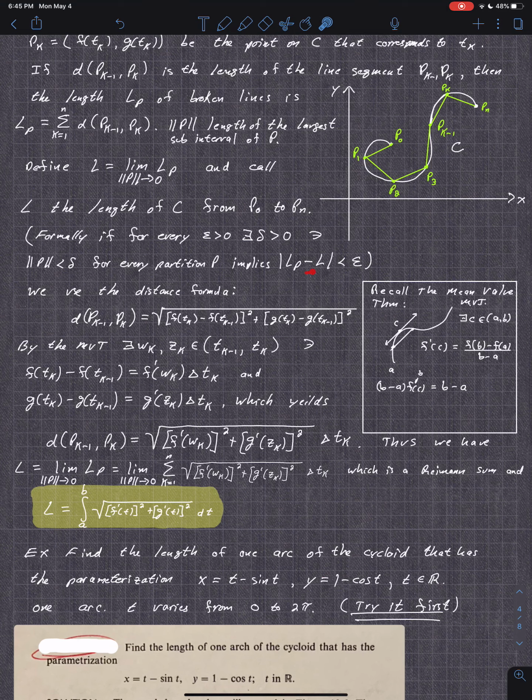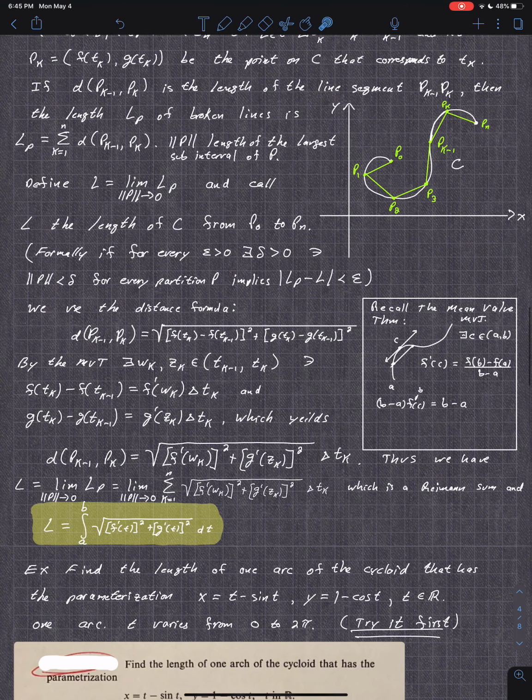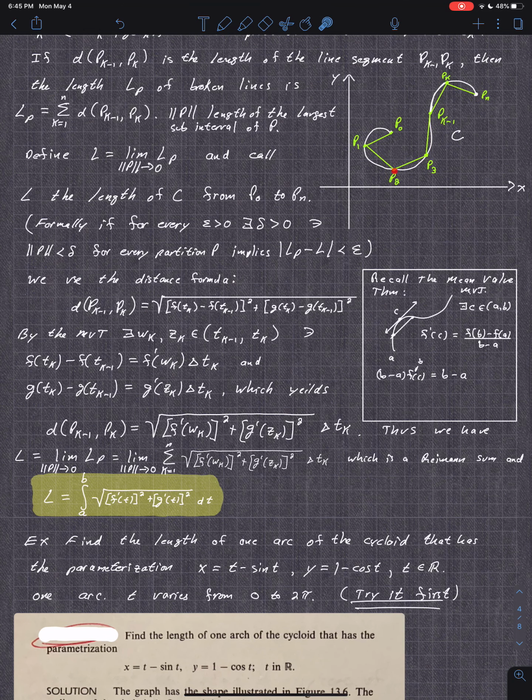So this is basically as close as you want, because epsilon is arbitrary, by making delta small enough. That's making the norm of P, the length of the largest segment, small enough.